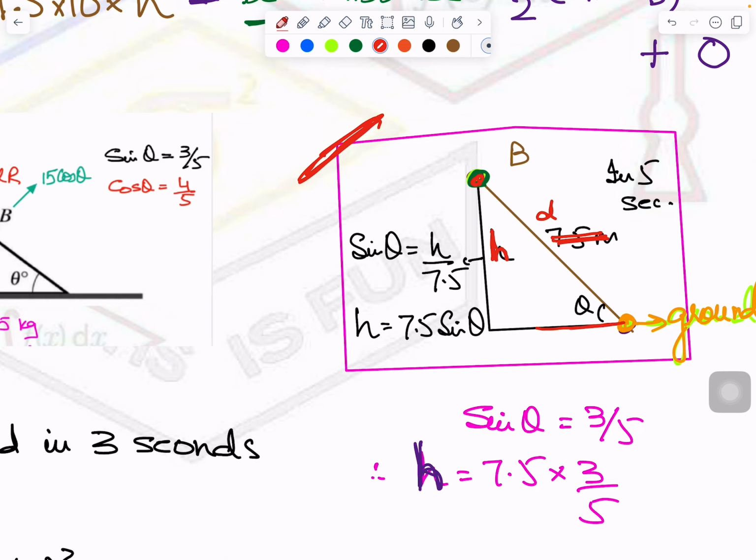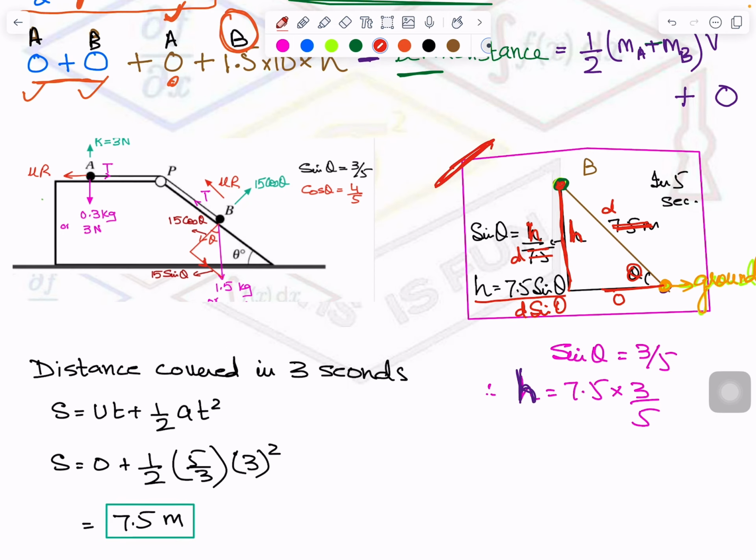Ground I'm considering as a reference, so height here is considered 0, and this height is, with respect to this theta, sine theta is equal to opposite over d, h over d. Because I will find the value of d, that's why I have written here 7.5. So I got my height as d sine theta, right? So remember this concept first of all. Now I will show you how I have found the value of d.